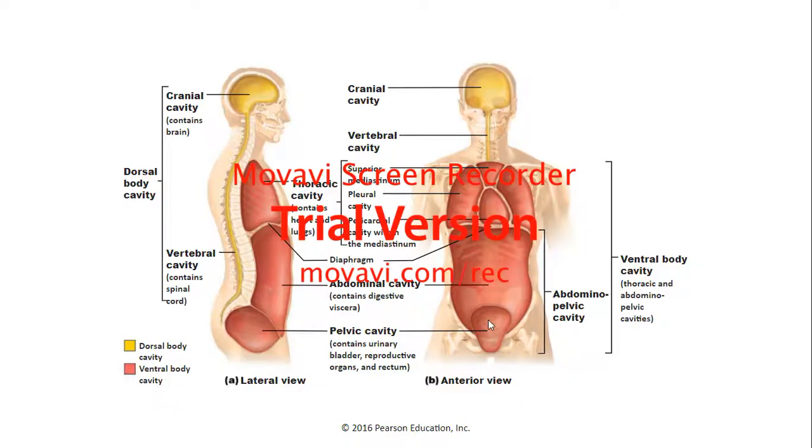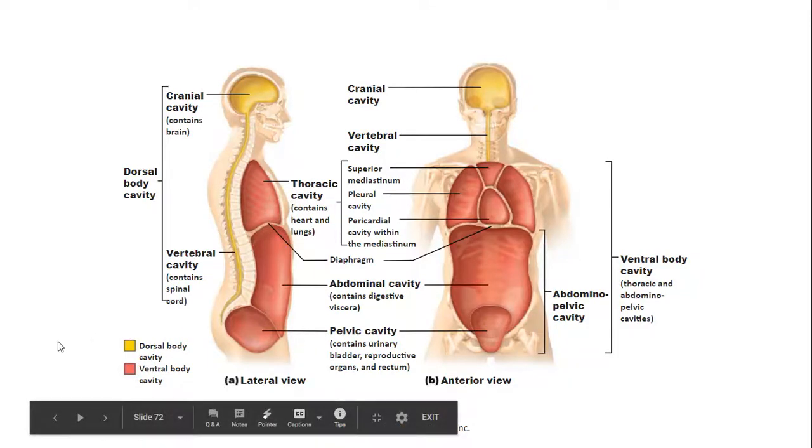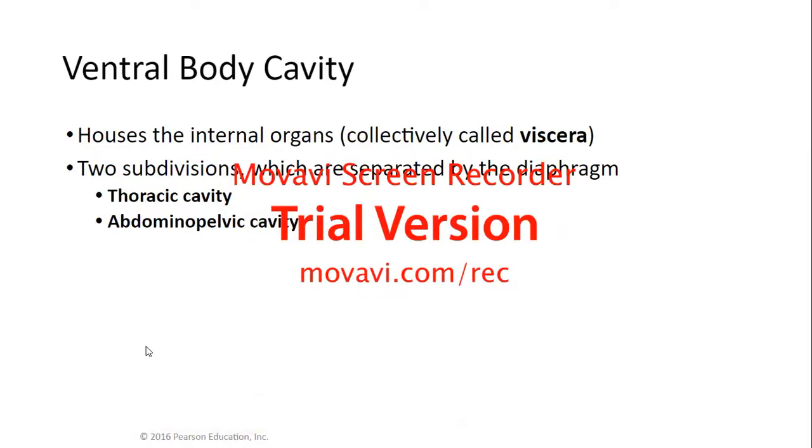You need to be familiar with the dorsal cavities, the cranial and vertebral cavities, and then the ventral cavities, and what's in those different cavities. The ventral body cavity has two subdivisions, the thoracic cavity and abdominal pelvic cavity.